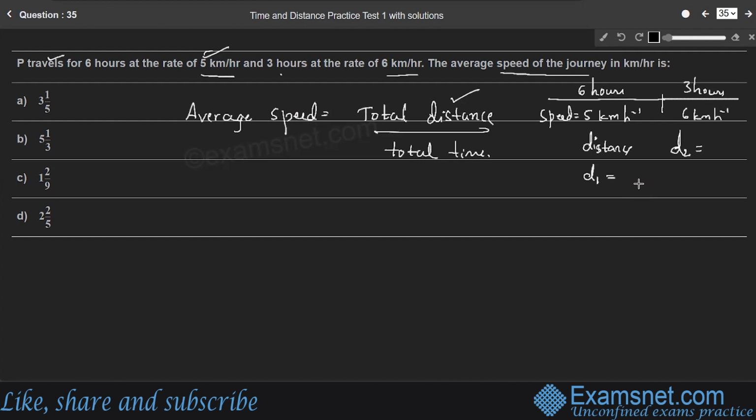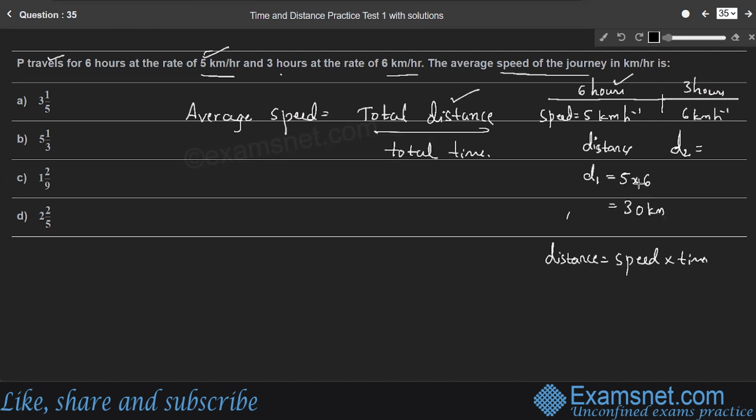Using the speed formula, speed is distance by time. Therefore, distance is speed into time. Therefore, the distance traveled by P in 6 hours is speed 5 km per hour into time 6 hours. Hence, P travels 30 kilometers.